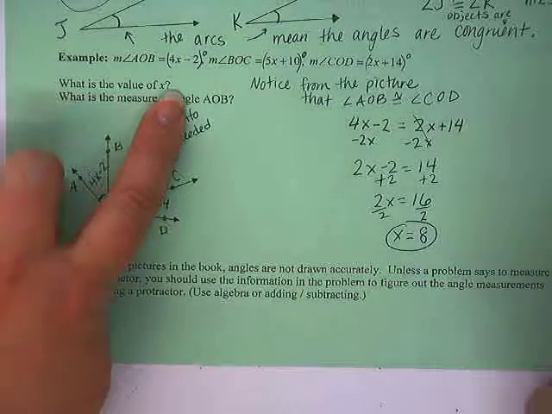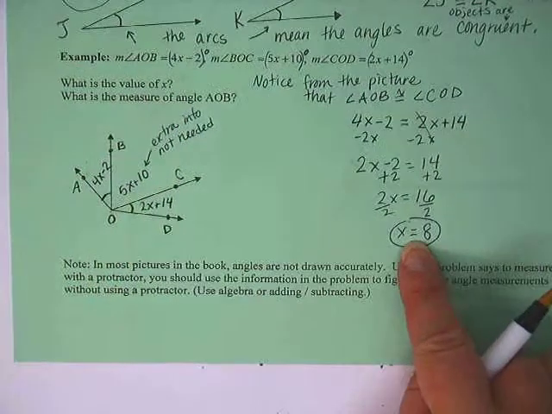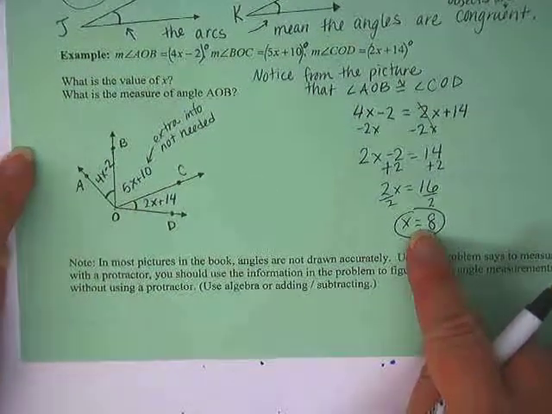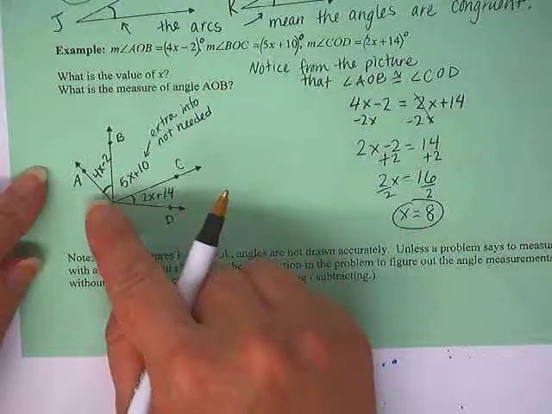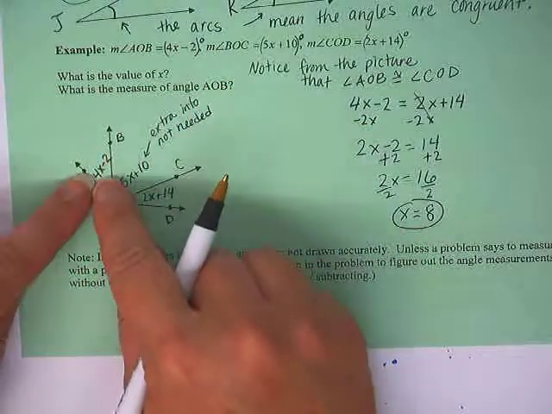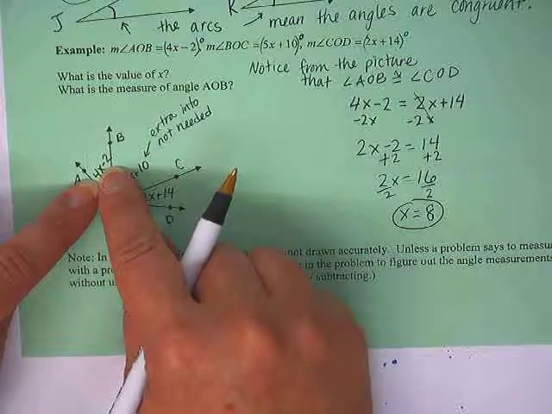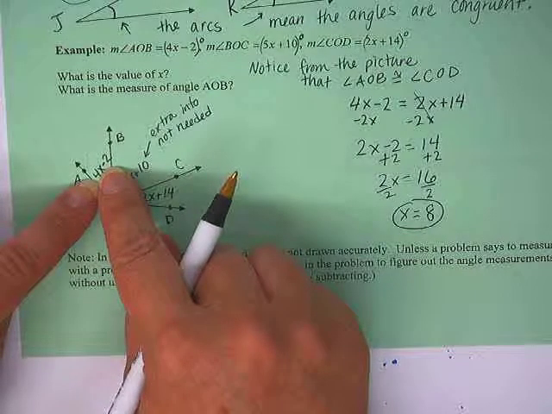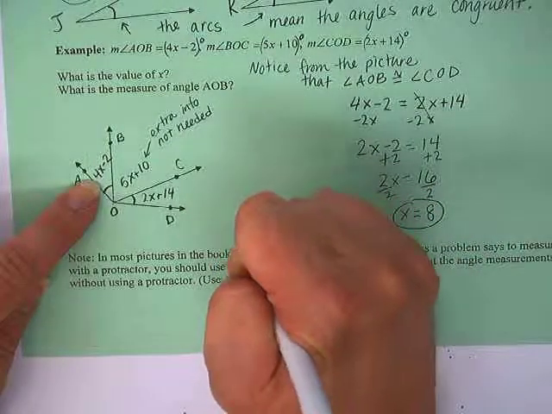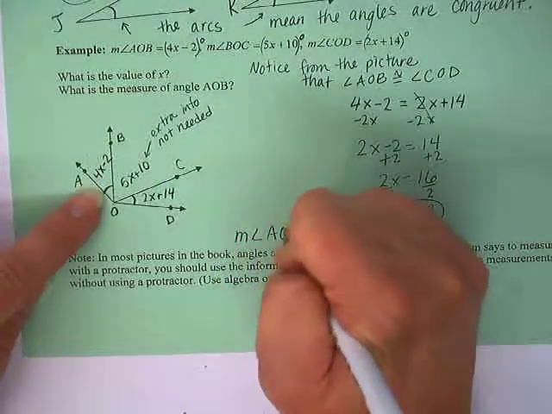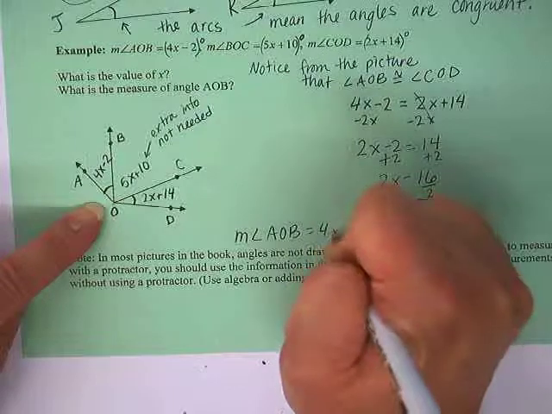So 2x equals 16. Now we divide both sides by 2, so x equals 8. What is the question I'm trying to answer? What is the value of x? Did I answer that question? Yes, I did.